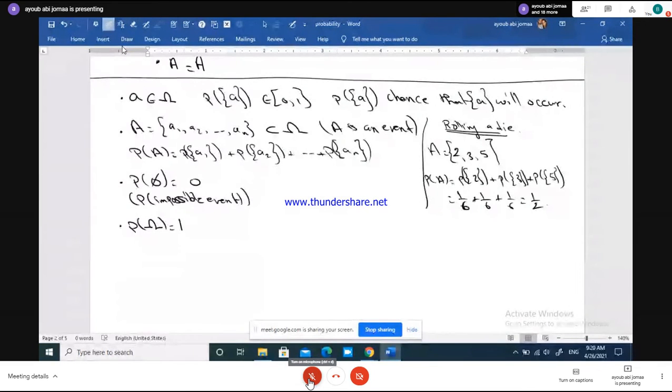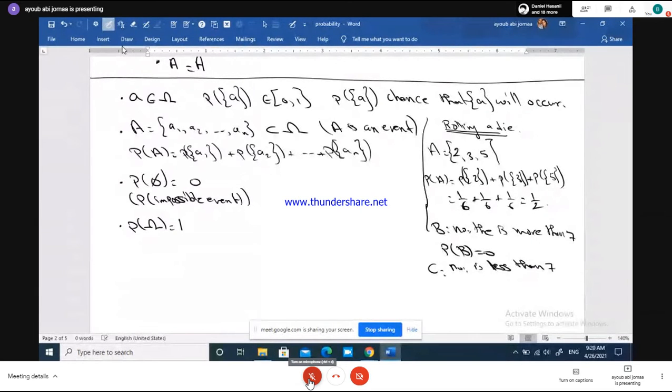And for example, let's say event B, the number is more than 7. Here, the probability of B is equal to 0. It's impossible to have a number more than 7. Let's say event C, the number is less than 7.